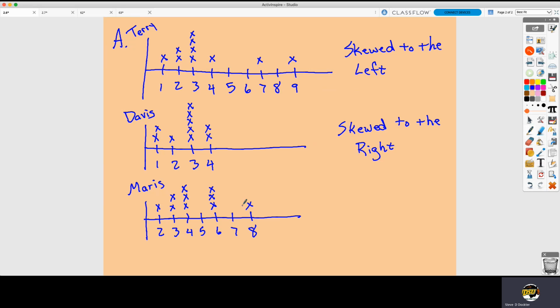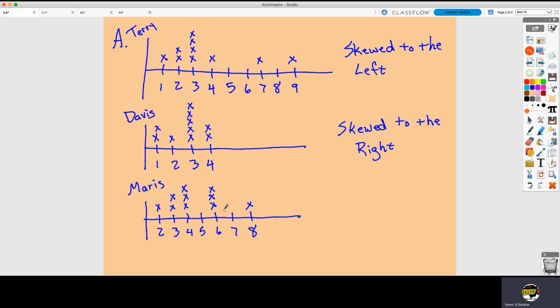This one's a little bit more interesting. Is it skewed one way or the other? Maybe a tiny little bit left. Technically, if this would be the halfway mark, there are 2 more on the left side than the right side, but this would be pretty close to symmetrical.